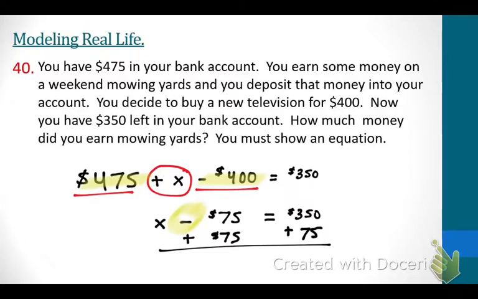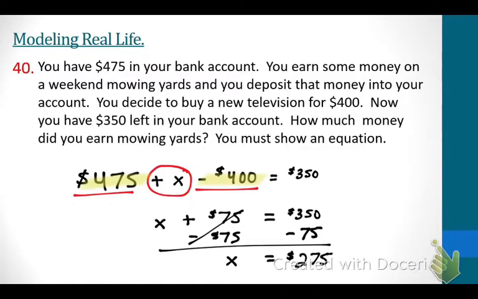It should have been a plus, okay? So we messed up on that one. All right, we should have been adding 75. So in order to get rid of positive 75, now we should be subtracting 75. Sorry about that, okay? So now on the left side, we're left with x equals, Talila, what's 350 minus 75?